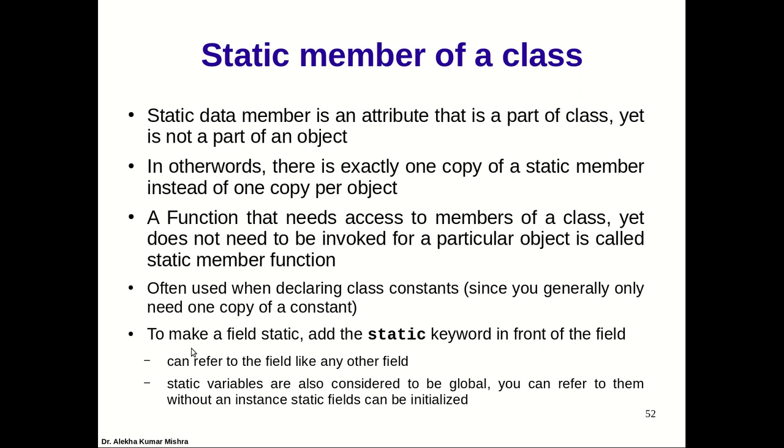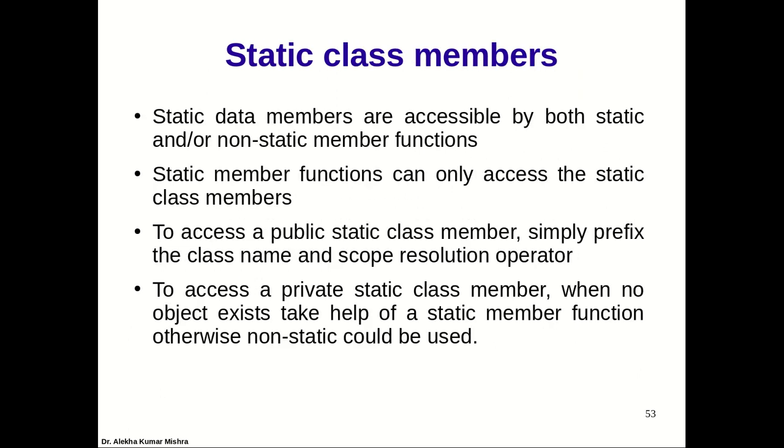So to make a field static, add the static keyword in front of the field. If you want to make a data member static, use the static keyword in front of it. If you want to make a member function static, then you have to use the static keyword exactly at the beginning of the member function definition, unlike the const keyword.